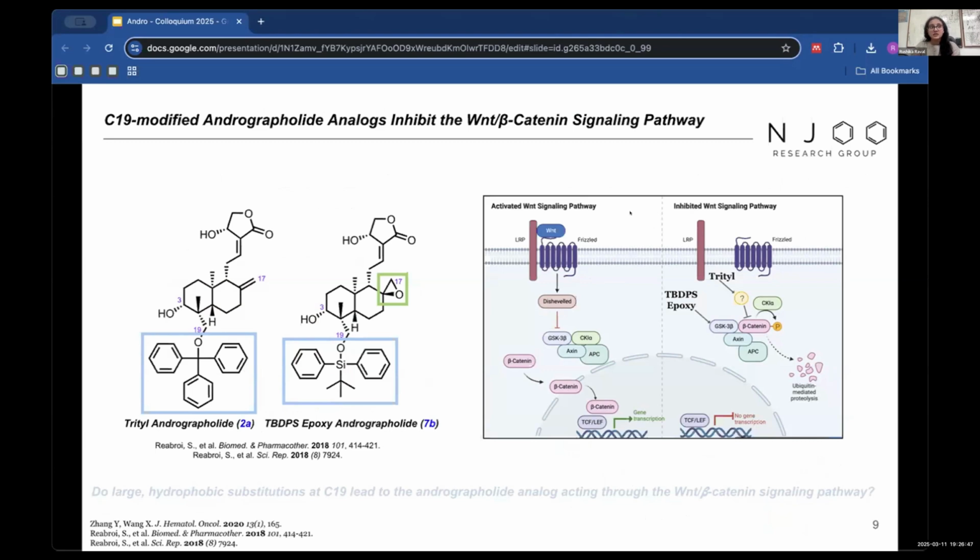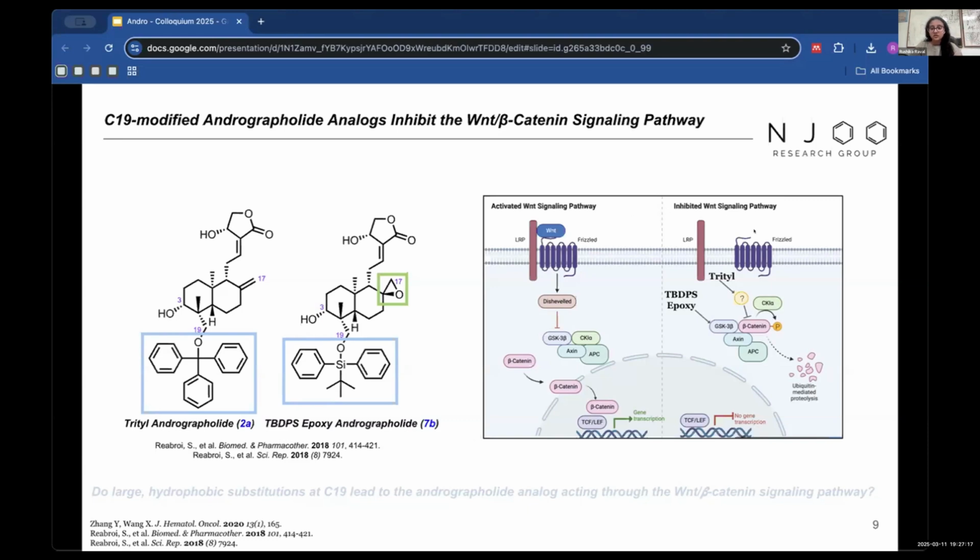Essentially, a little bit about this pathway. The activation and nuclear translocation of beta-catenin triggers the TCF and LEF transcription factors, and that directly modulates several downstream target genes that are associated with cell survival, proliferation, differentiation, and things like that. GSK3-beta is a key kinase that is part of the beta-catenin destruction complex.